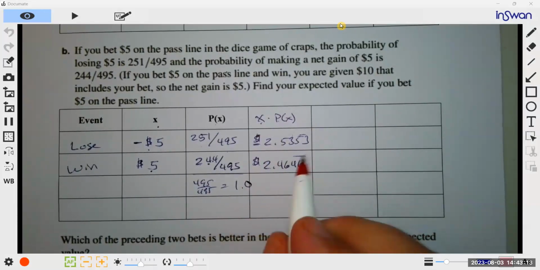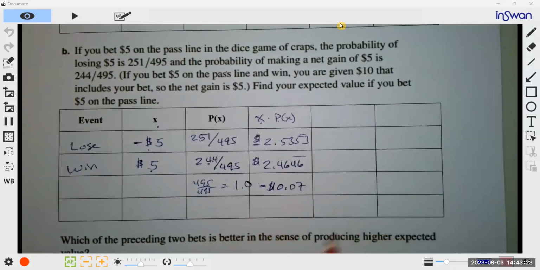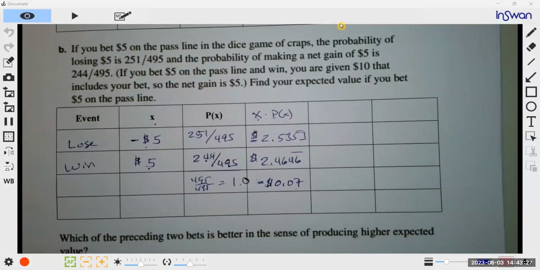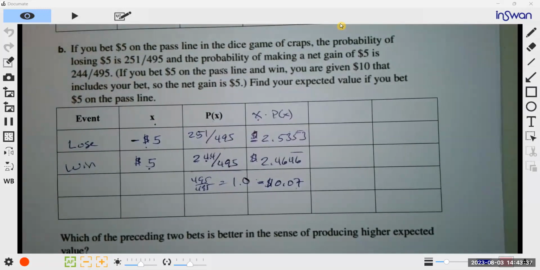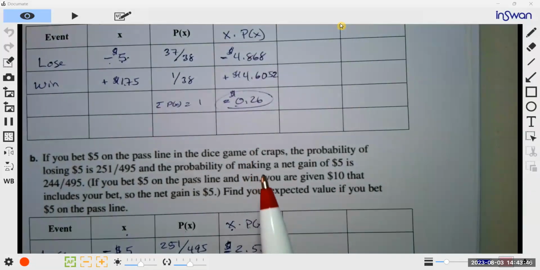This one's negative, so if you add those two together, you end up with a negative 0.07, so you'll lose about 7 cents each roll. That's why if you just bet the pass line or don't pass line, you'll be out 7 cents each time. With roulette, you'll be out a quarter.